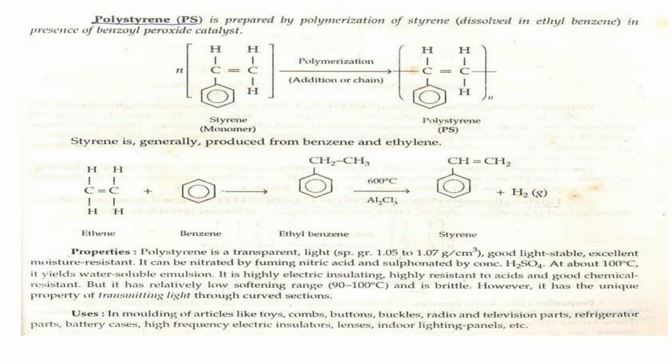This styrene molecule is synthesized from ethylene. Ethylene reacts with benzene to form ethyl benzene in the first step, which undergoes further reaction with aluminum chloride as a catalyst to form styrene. Polystyrene is mainly used for molding articles like toys, combs, buttons, and radio and television parts.